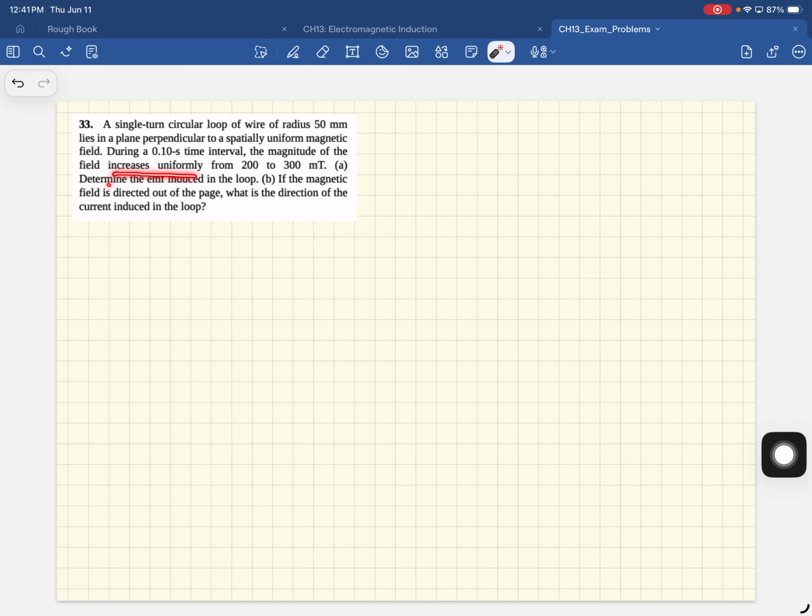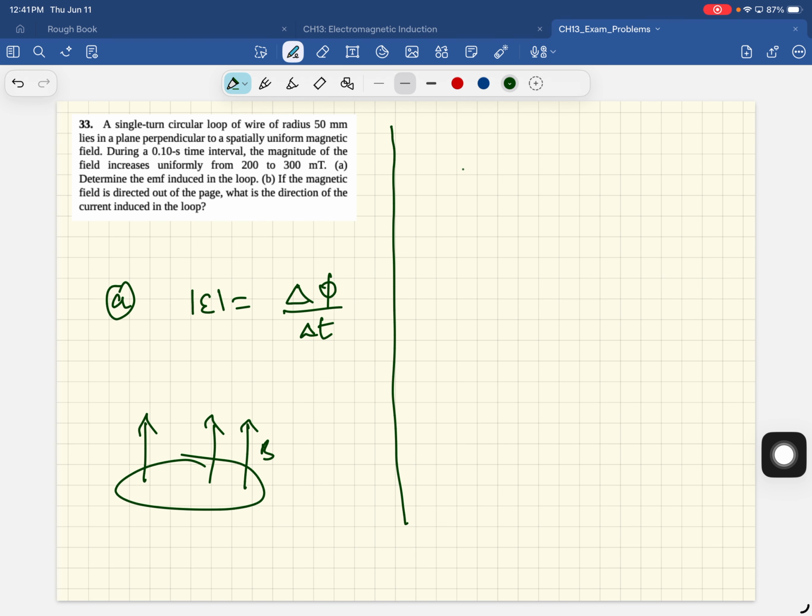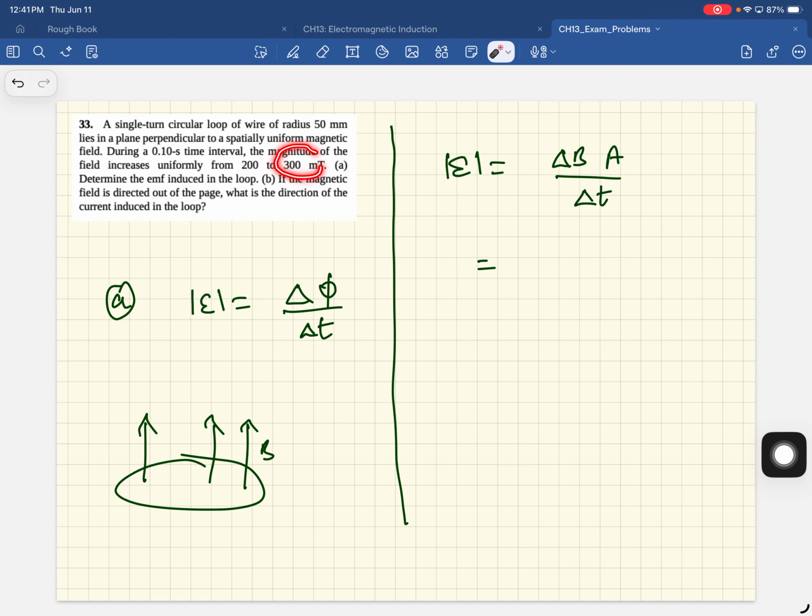So times 50. So the induced EMF is 4.4 volts.